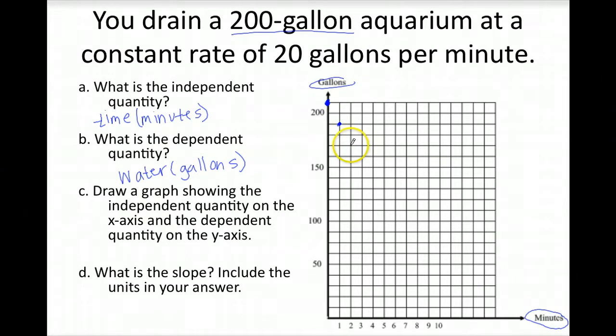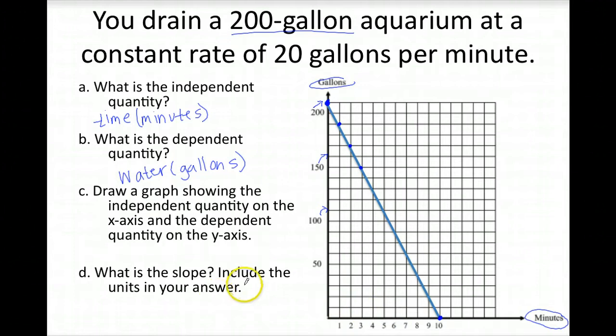After 2 minutes, the aquarium is now 160 gallons. After 3 minutes, the aquarium is 140 gallons. Now, one thing to keep in mind, these are referring to the points right above it. So we can draw that line continuing down. After 10 minutes, the aquarium will be completely empty.